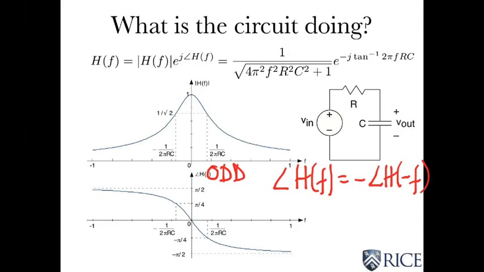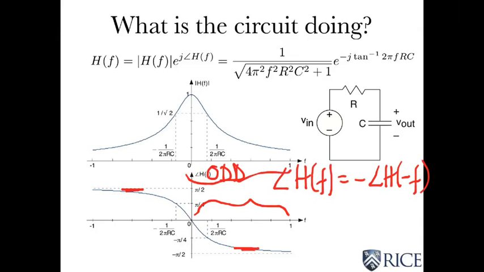So again, if I tell you what happens over the positive frequency axis, it has odd symmetry, negative symmetry, in that this part is going to be the negative of what it is over here. So again, I give you the positive frequency part for both the magnitude and the phase. You can fill in what happens at negative frequency quite easily.